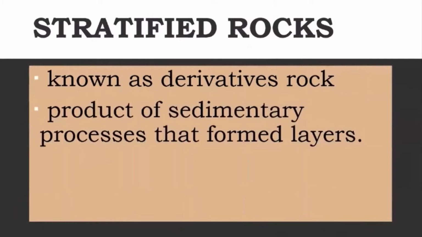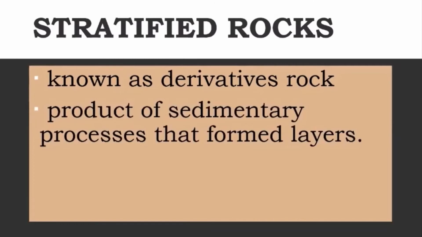stratigraphy. Stratified rocks are the derivative rock products of sedimentary processes that form layers. Just imagine a graham cake which has layers. And they believe that rocks have to do with it.